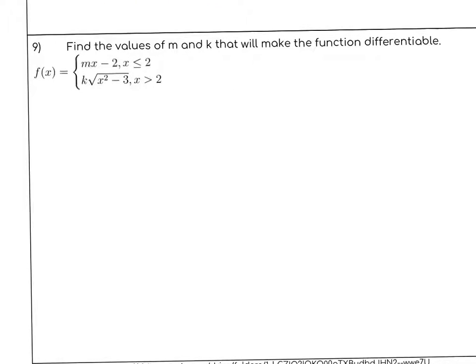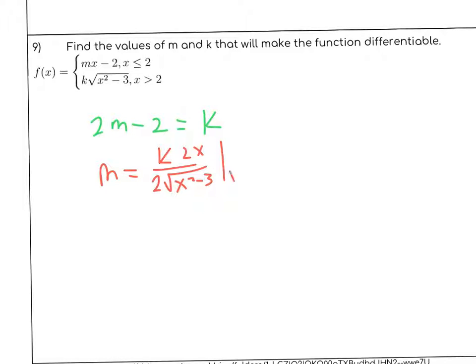For number 9, plugging 2 in, we're going to have 2m minus 2. And for k, 4 minus 3 is 1. That's just going to be k. Taking the derivatives, that would be m equals, and then the derivative of this lovely mess is going to be k over 2 square roots of x squared minus 3 times 2x for the chain rule, plugging in 2.